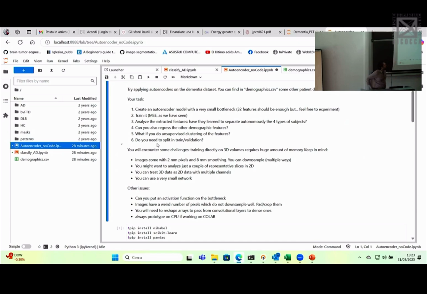Like, do you need to split the data set in train and validation for that? Well, indeed, it's not necessary.